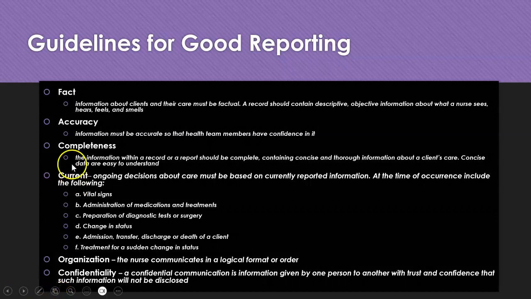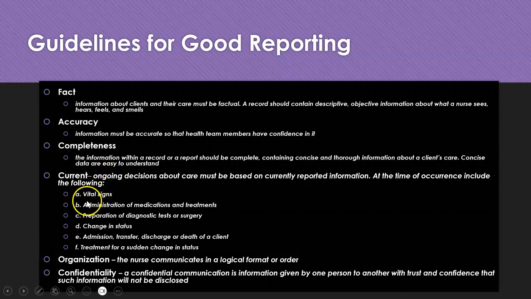Completeness. The information within a record or report should be complete, containing concise and thorough information about a client's care, and it should also be easy to understand. Current. Ongoing decisions about care must be based on currently reported information at the time of occurrence, including the following.